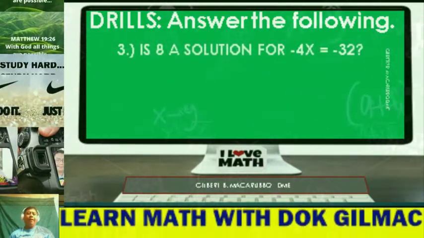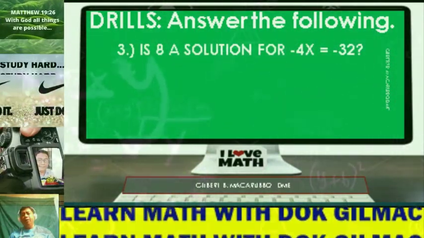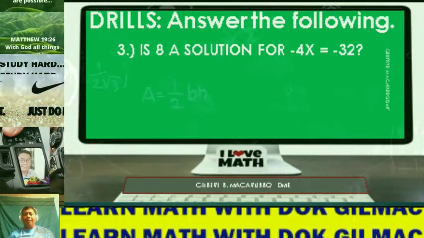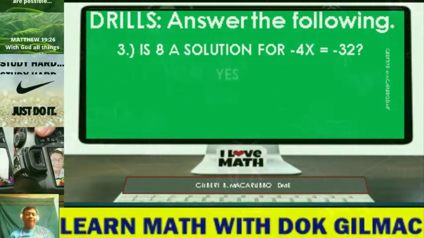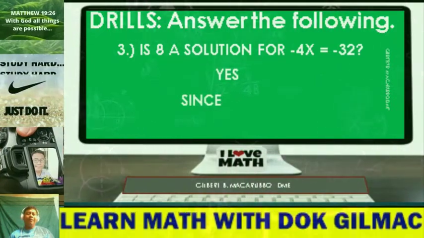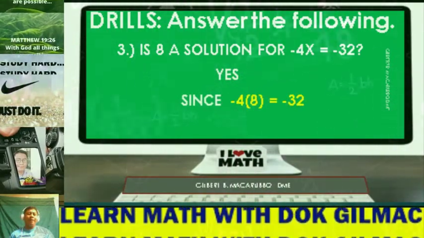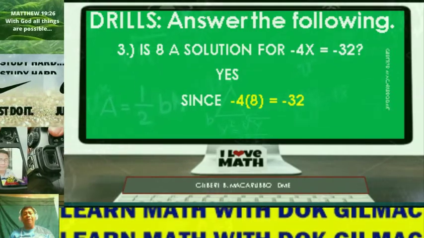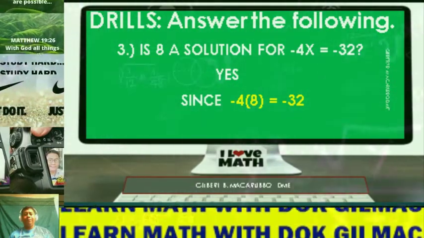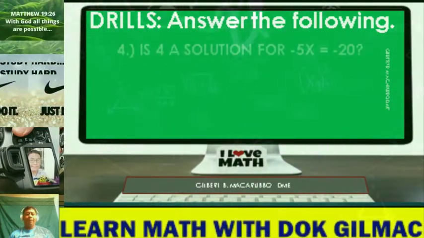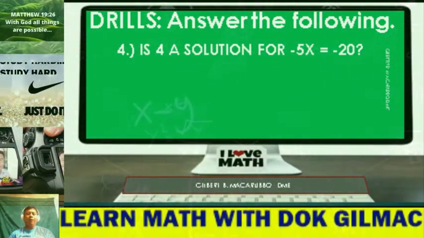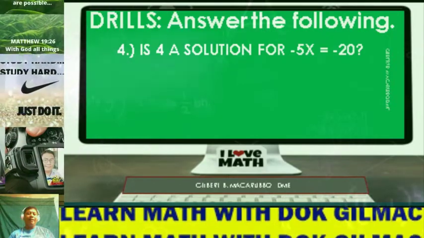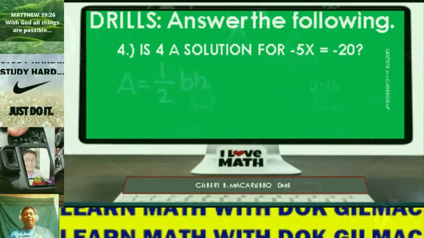Number 3, is 8 a solution for negative 4x equals negative 32? Yes, since negative 4 times 8 is simply equal to negative 32. Number 4, is 4 a solution for negative 5x equals negative 20?